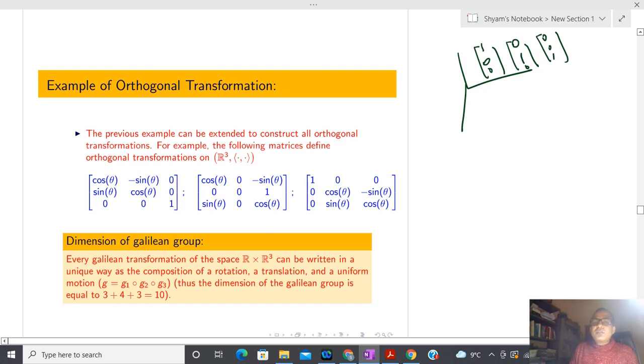Actually I have made some kind of mistake, the one should be here. So if you rotate about the y-axis, then this kind of structure comes into the picture.